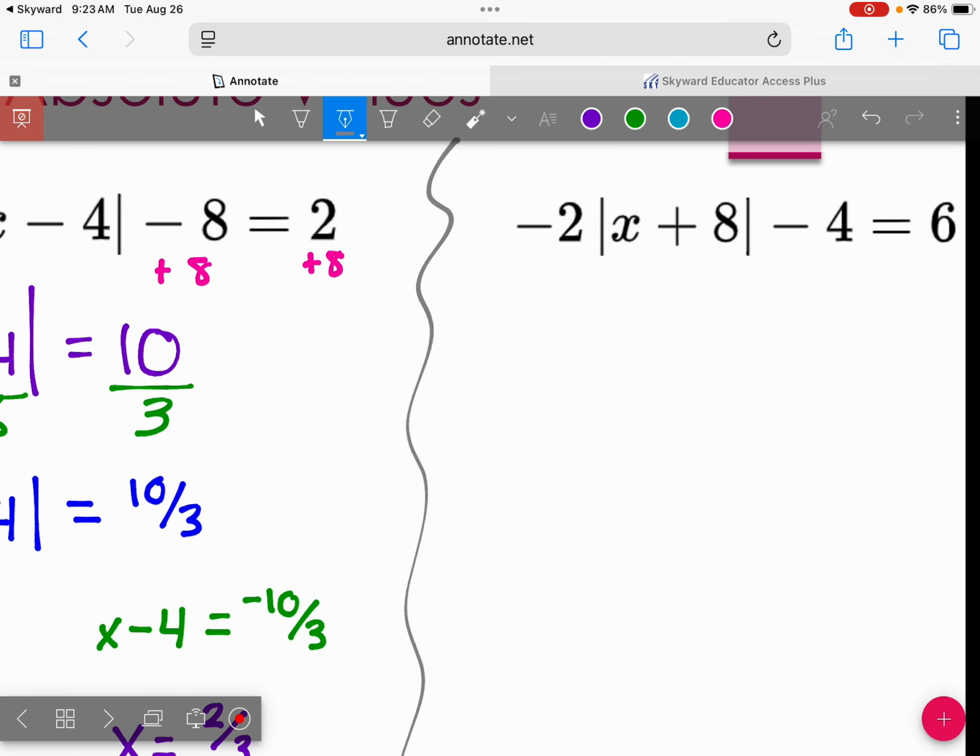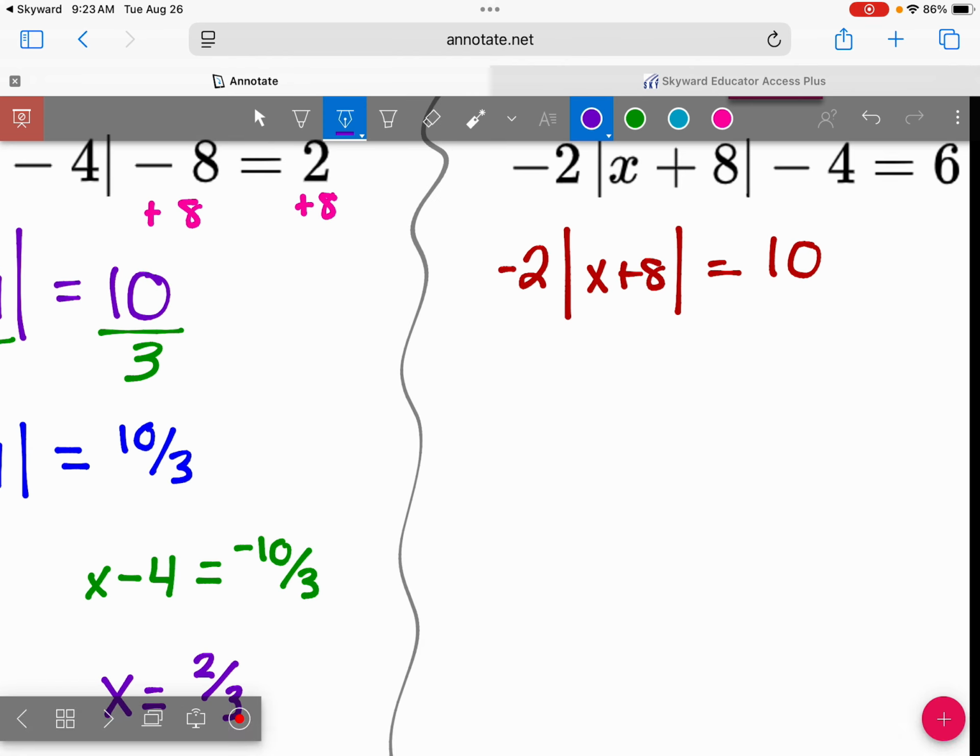What's my first step going to be over here? Add 4. So I've got my negative 2 absolute value of x plus 8 equals, adding 4, we have 10. Then what? Divide by negative 2.